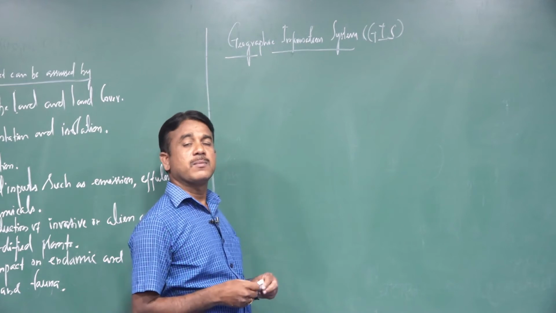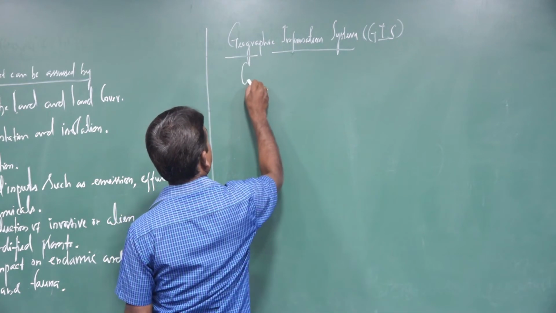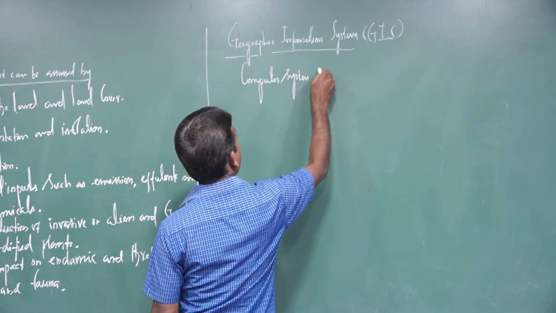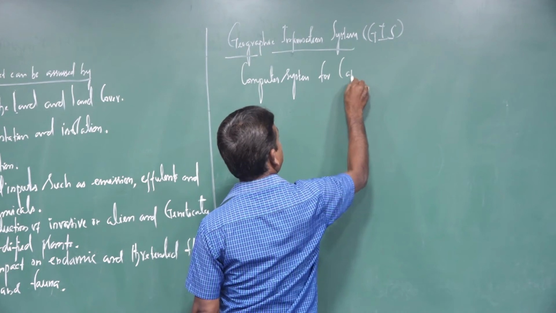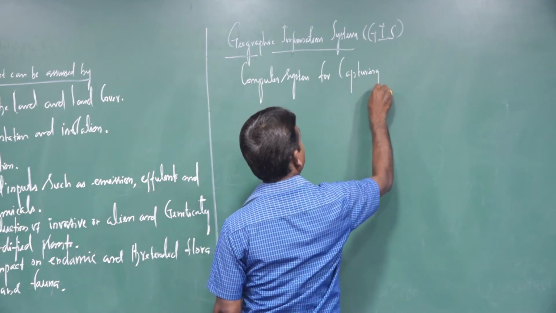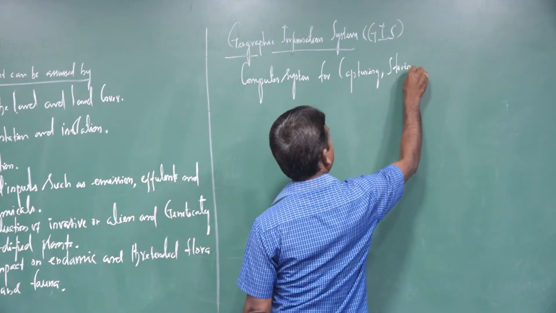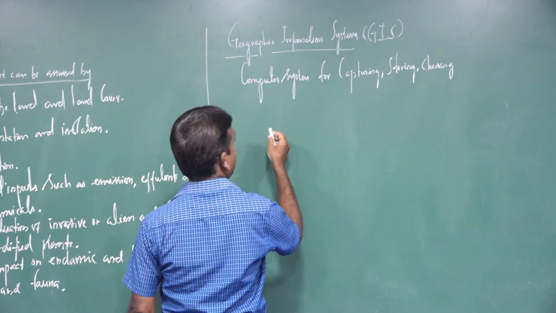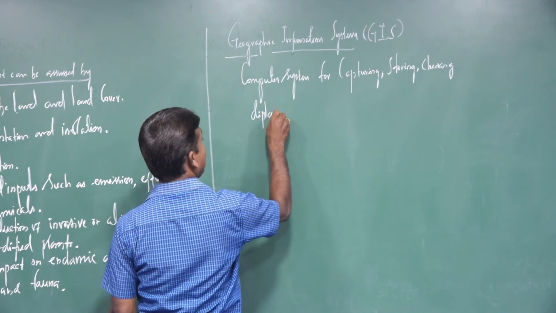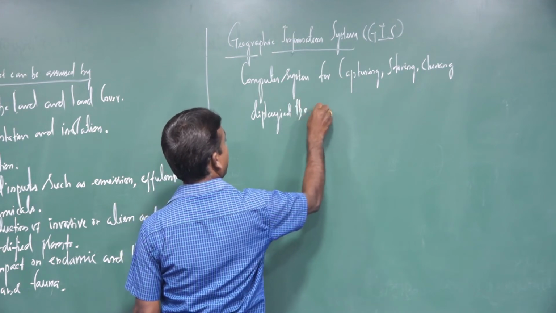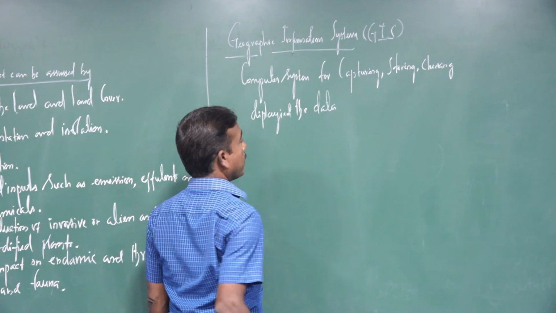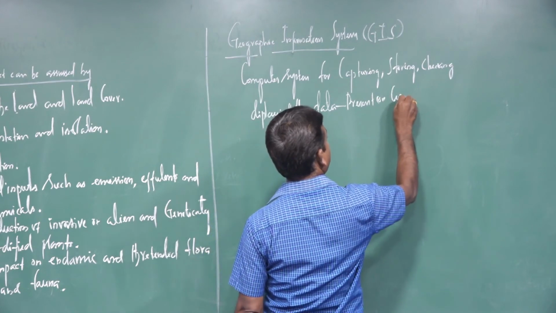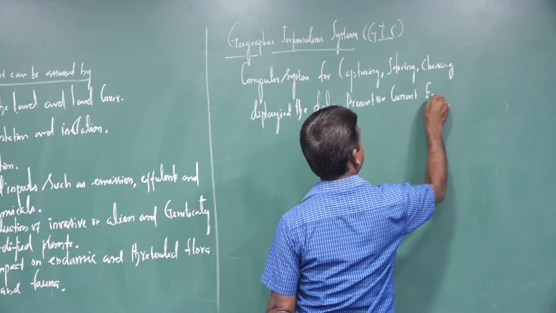The geographic information system is commonly called a computer system for capturing, storing, checking, and displaying the data of the present or current Earth surface.